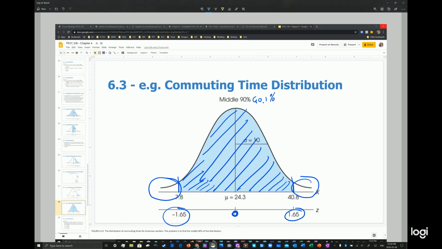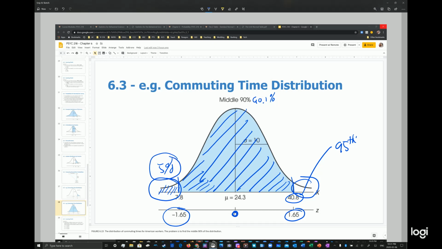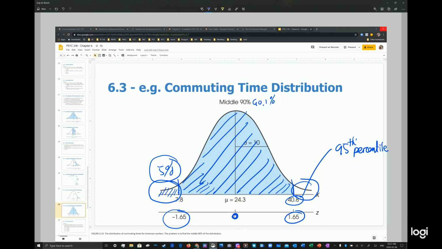So again, if you're looking at the middle percentage, it's no longer percentile because it would include this too, which would be 5%. So a score of 40.8 would actually be the 95th percentile because 95%, not only the middle 90%, but also this 5% on this side, is equal to or less than this score, which is 40.8.